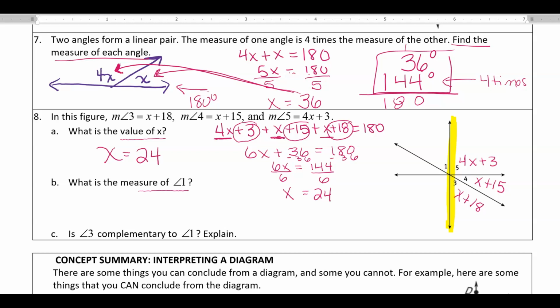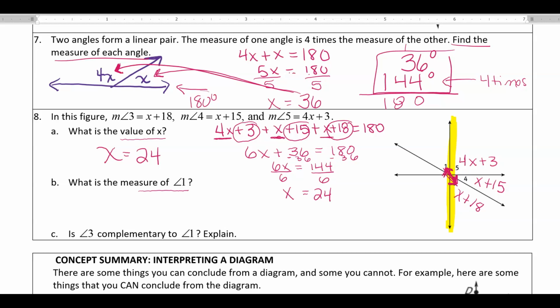Now it goes on to tell me to find the measure of angle 1. So for this, we can find all of the measures here, but if you will notice between 3 and 1, they are vertical angles. They're across from each other. Therefore, those are partnered up.